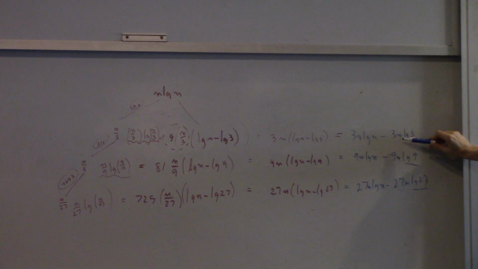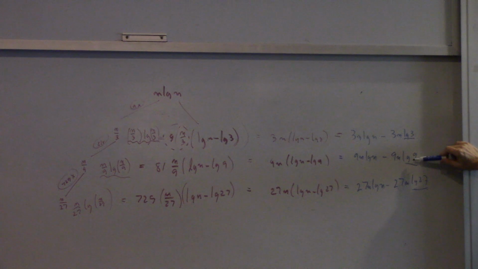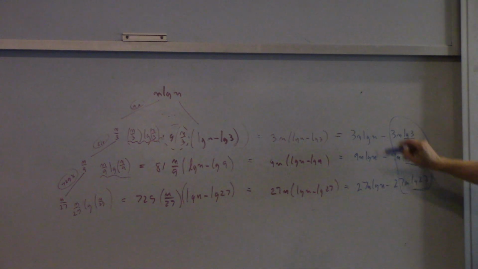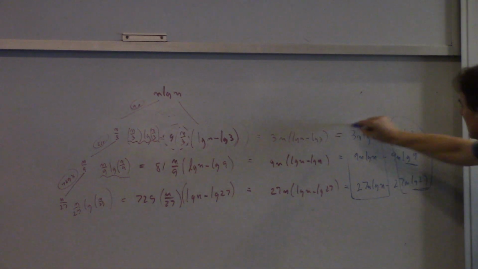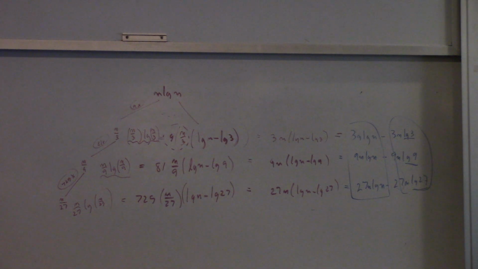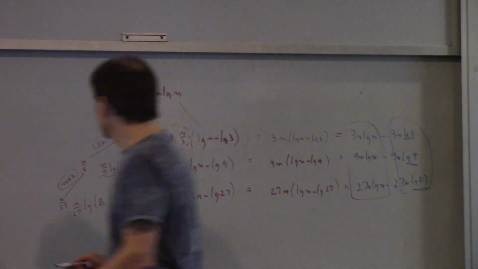Well, this is increasing exponentially, and this is increasing too. They're both increasing, so we're subtracting more and more. And what about this part right here? This is increasing exponentially. Okay, so what does the master algorithm say for us?